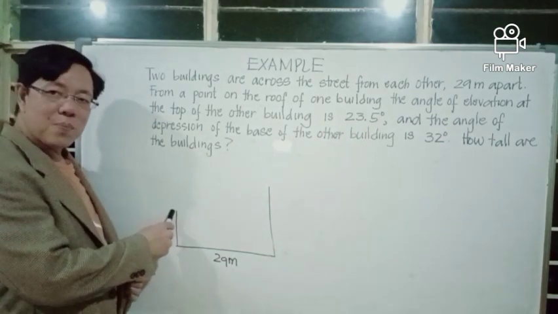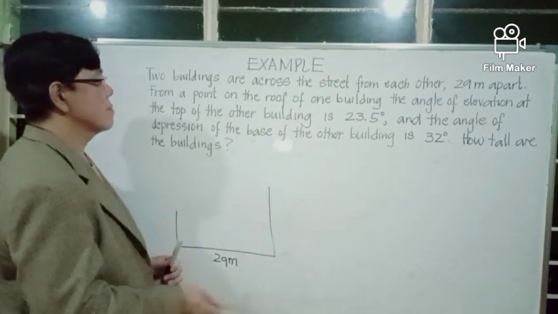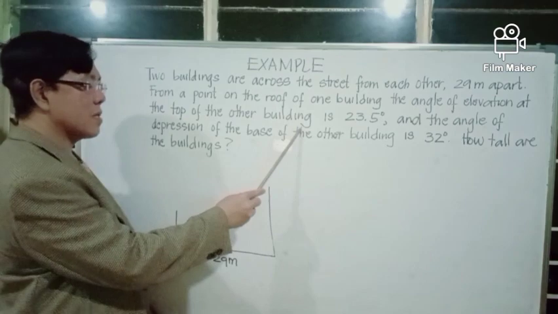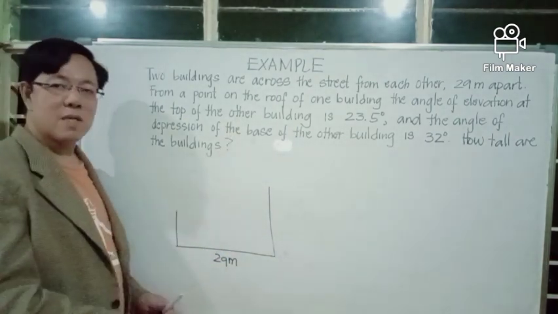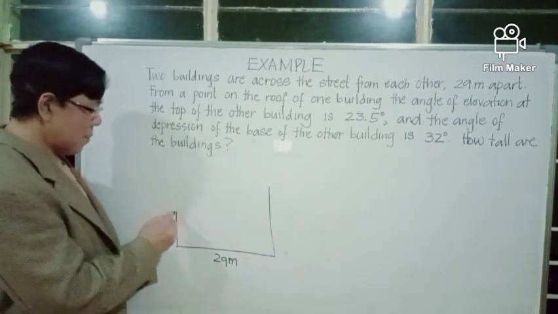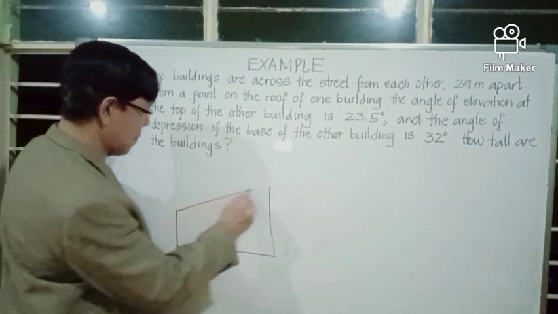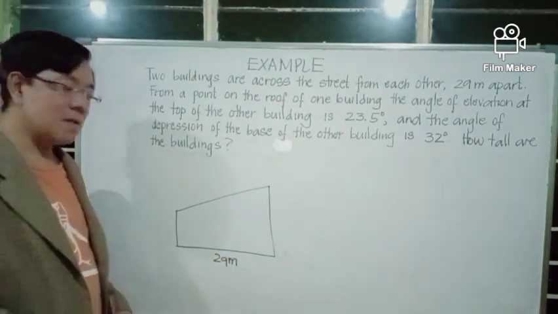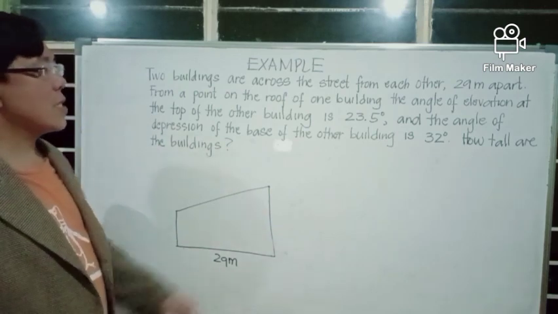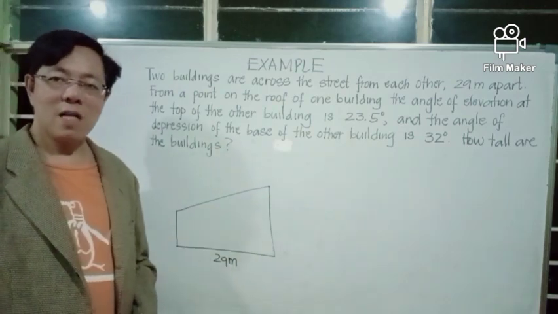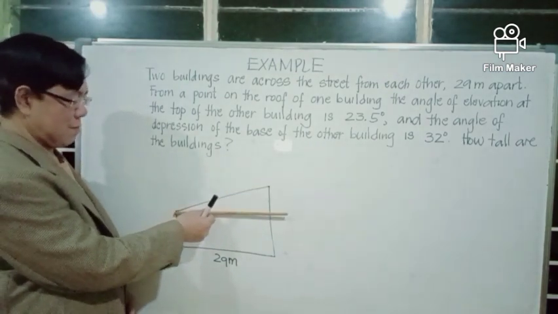From the roof of the first building to the top of the other building, we take the second building as the other building referred to in the problem, the angle of elevation is 23.5 degrees. And this angle of elevation is the angle that this line makes with the horizontal.